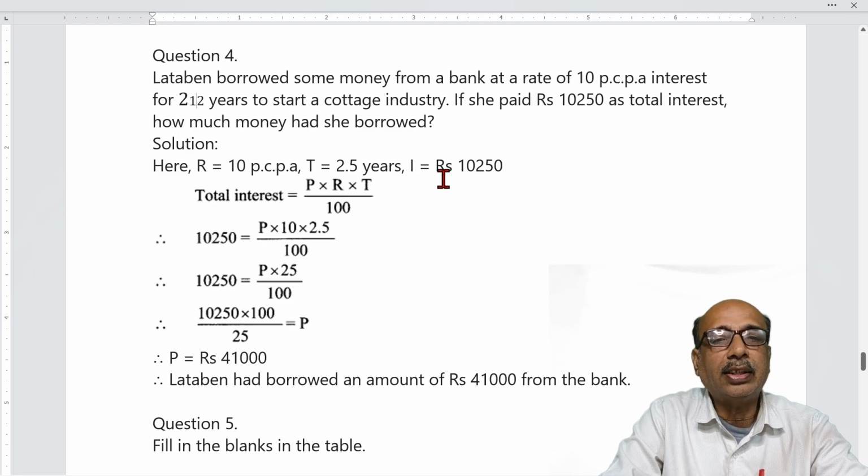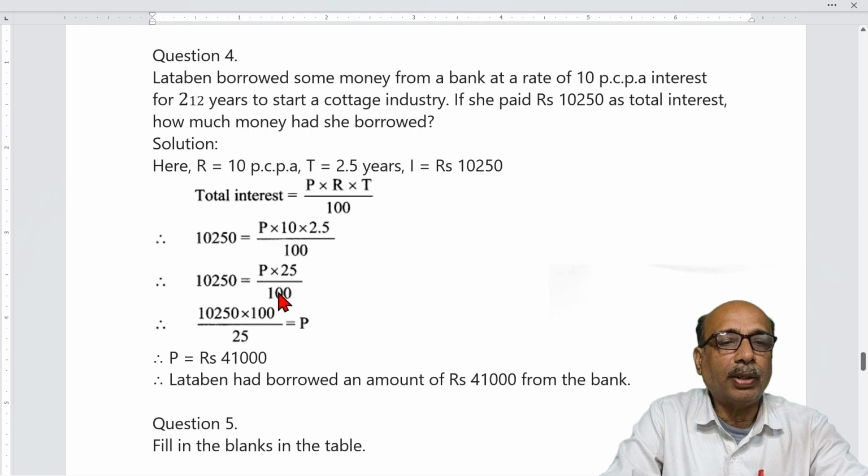And interest is given, rupees 10,250. So total interest equals PRT upon 100. Interest is given 10,250. P we don't know, into 10 into period, that is 2.5, upon 100. The 10 and 10 cut here, so 25 upon 100 it is given.